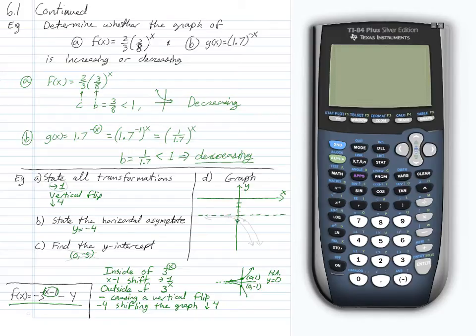And the basic shape of our graph will be flipped over, reflected vertically. Now the only thing missing is that horizontal shift. So if I move my graph 1 unit to the right, my y-intercept is in the wrong place.